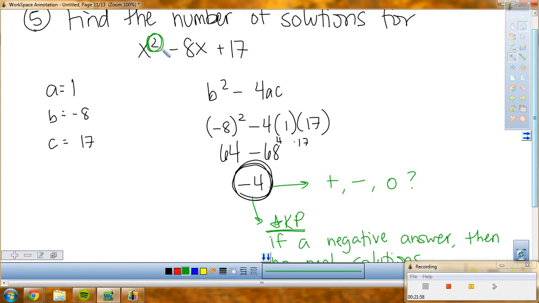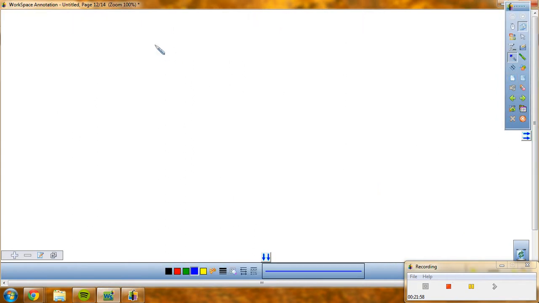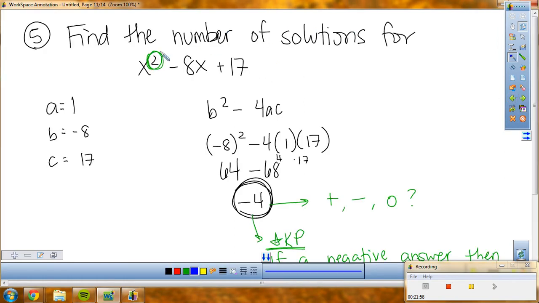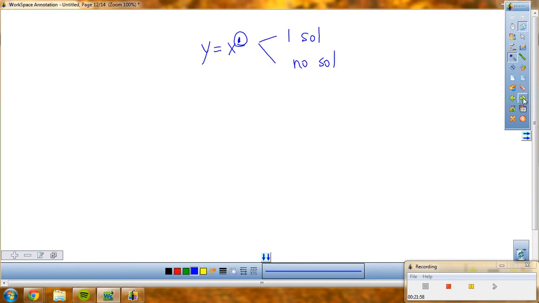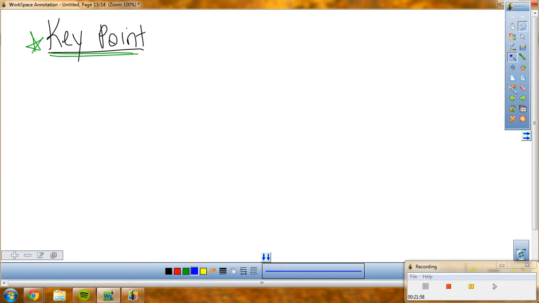But we might get one, and we might get none, which is the same thing we had when we had our regular linear equations. When we were solving things for x, we have an exponent of 1. We have the chance of getting one solution, so just x equals, or sometimes we get no solution. So at most, you could have one solution. When we have an x squared, at most we can have 2, but we can have 1 or none as well.